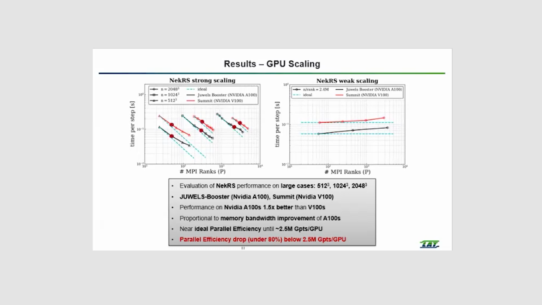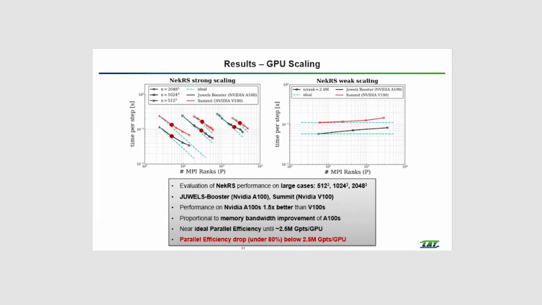Next on, we have the scaling results. First, we take a look at some GPU scaling results. On the left for a strong scaling and on the right for a weak scaling analysis. These results are for our simulations on two machines, the Juwels Booster, which uses NVIDIA A100, and on Summit, which uses NVIDIA V100.